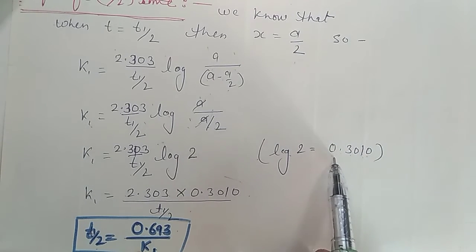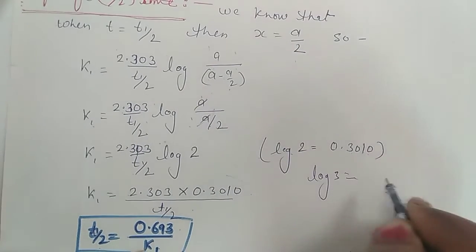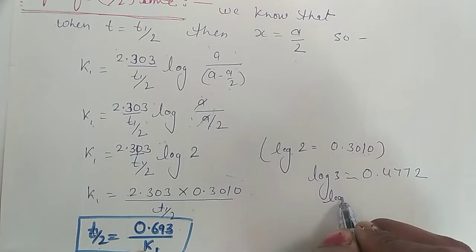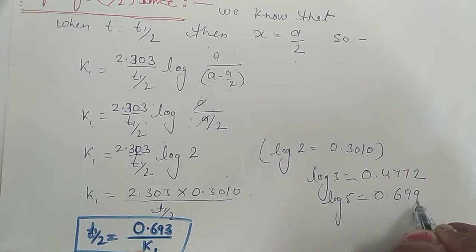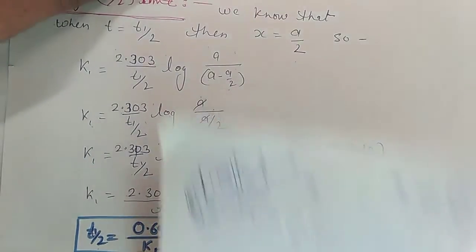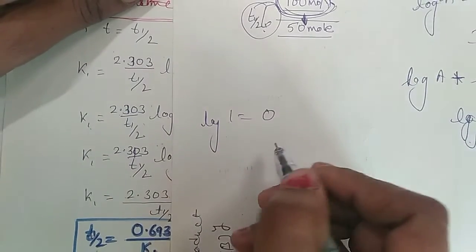Log 2 means 0.3010. Log 3 means 0.4772. And log 5 is equal to 0.6990. You have to learn these values. Some other values: log 1 is equal to 0.